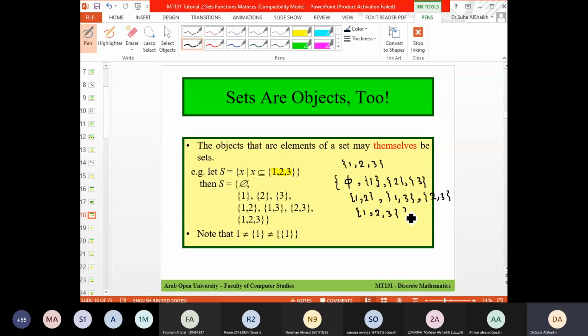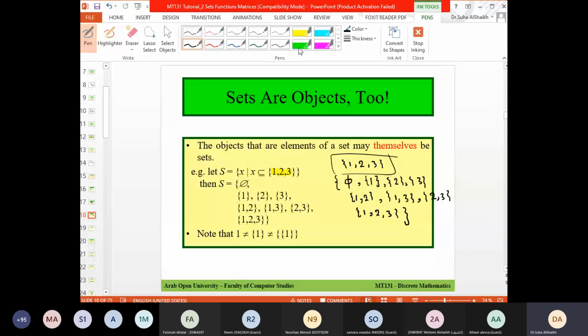So these are all the subsets that are possible from this set, right? Because the order is not important, {1, 2} is the same as {2, 1}, {1, 3} is the same as {3, 1}, and so on. So those are all the possible subsets that we may have.